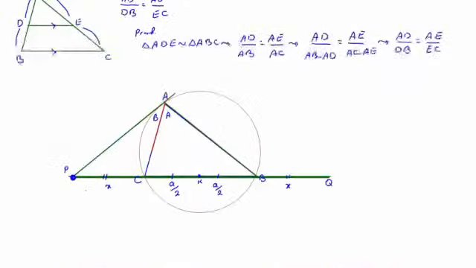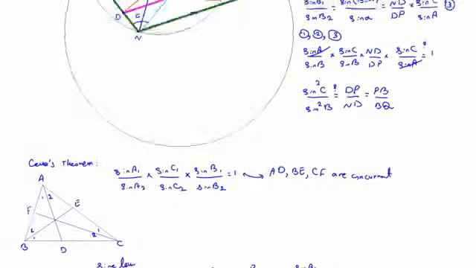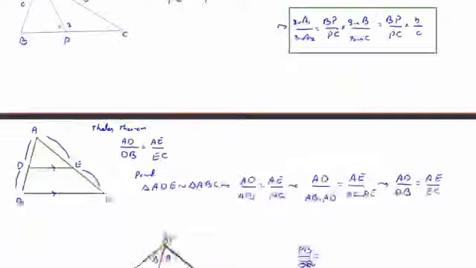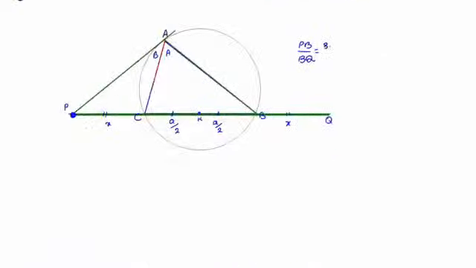Why is it equal to sine squared C over sine squared B? Now, because BQ is equal to PC, we can say PB over PC.